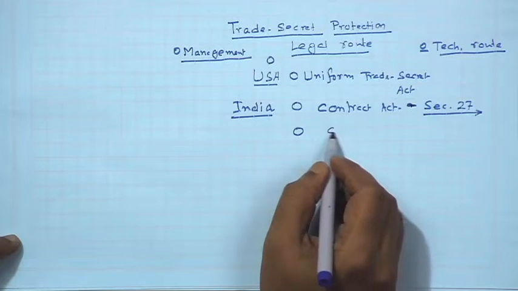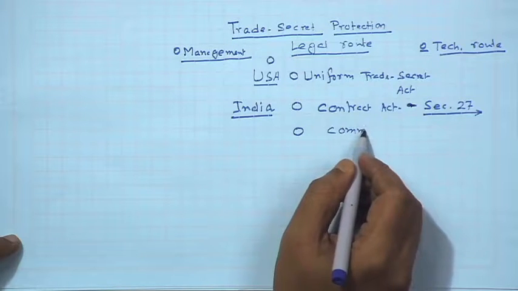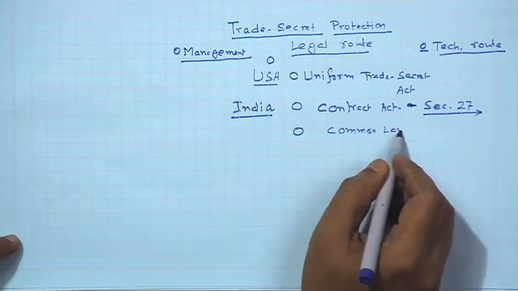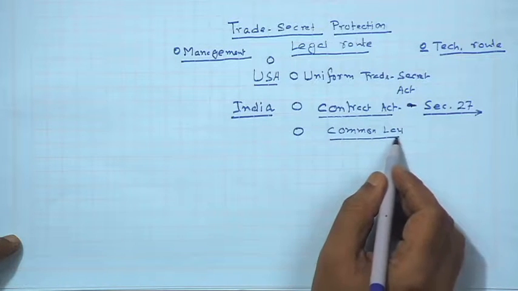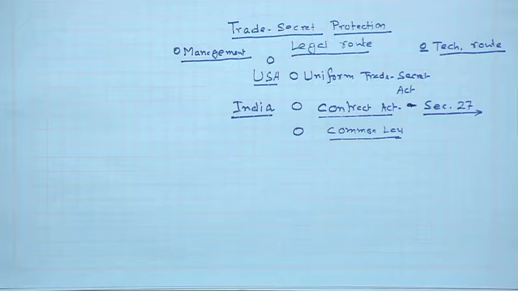Apply the common law provision of unfair trade practices. If you link it with breach of trade secret, there is unfair advantage and unfair competition.